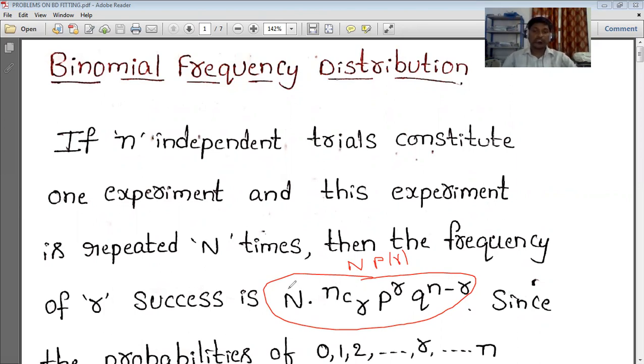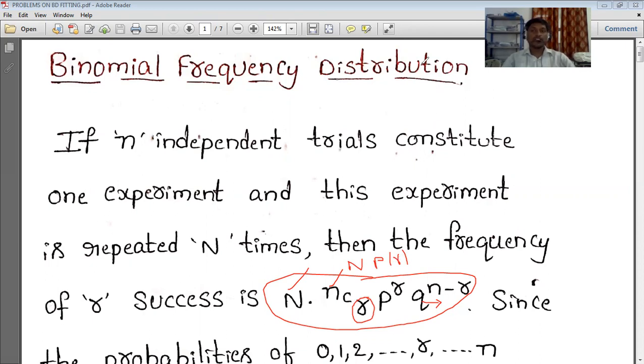Capital N is the total number of times, n is the independent trials, and r represents successes. p is the probability of r successes, and q is the probability of n minus r failures. Generally we say x, so in place of r we can substitute x.